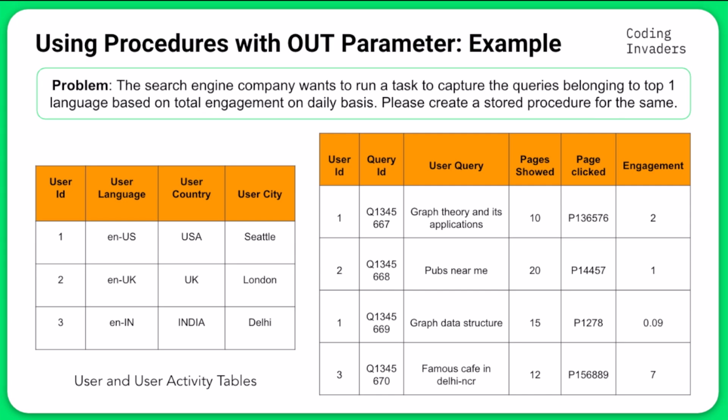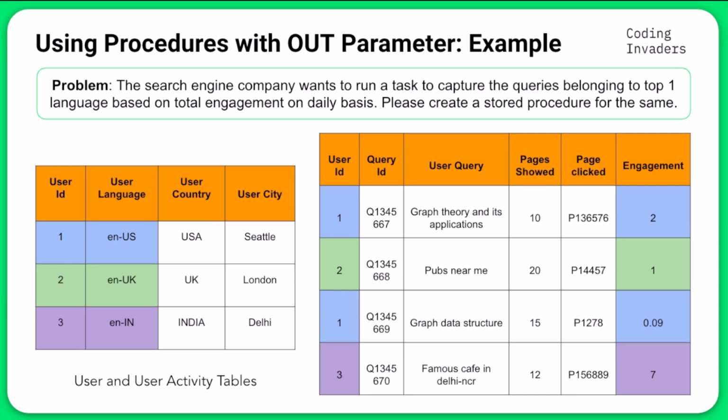So let's see. Here we have user ID and user language. For user language US, we have the engagement scores 2 and 0.09, so the total engagement will be 2.09. Since they want the top, as per the table, who is on top?